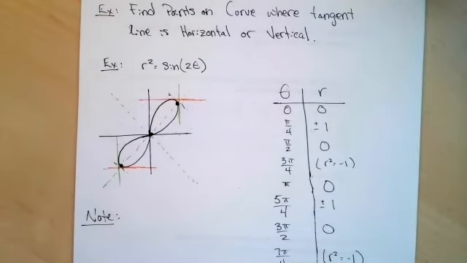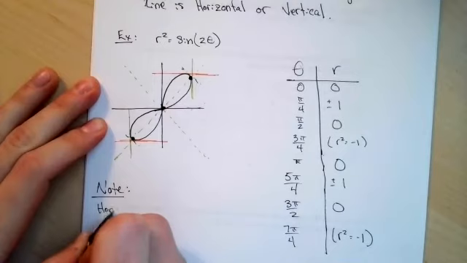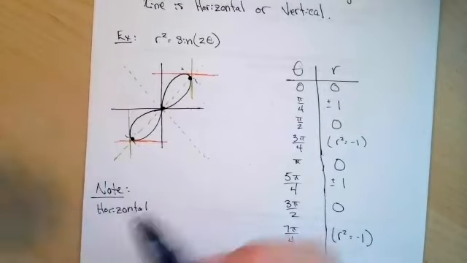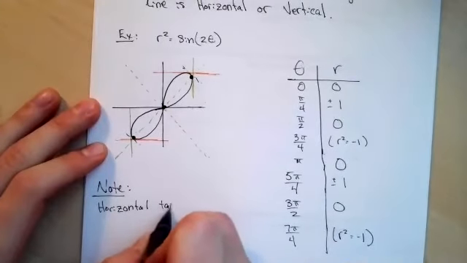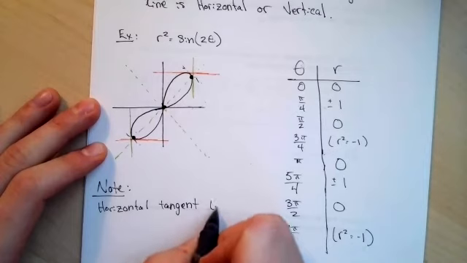This is exactly the same as we were doing it for any sort of parametrization. So what does a horizontal tangent line mean? The slope is 0. What does that mean in terms of parameterizations?